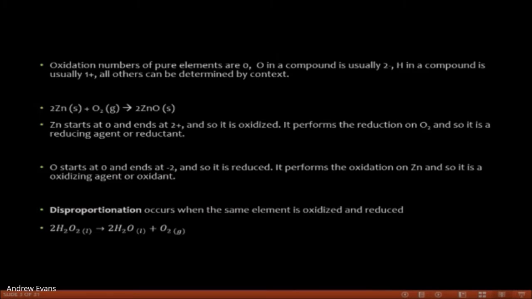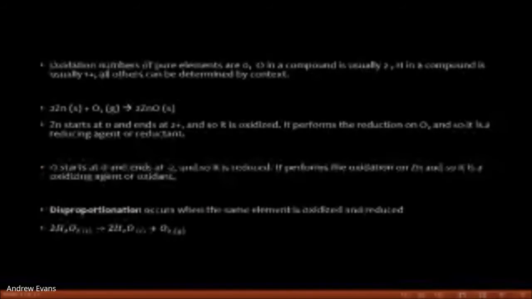So that means zinc solid is 0, but oxygen gas is 0. That means sulfur S8 is 0. That means Buckminsterfullerene, which is C60, is all 0. All the elements in there are 0. It's just carbon.